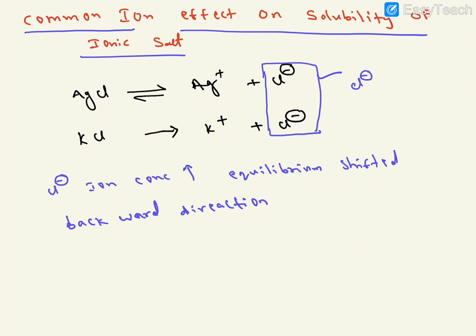At that time the solubility of AgCl decreases, because the increased concentration of the common ion readily combines with Ag plus ions and the reaction goes back to form AgCl.